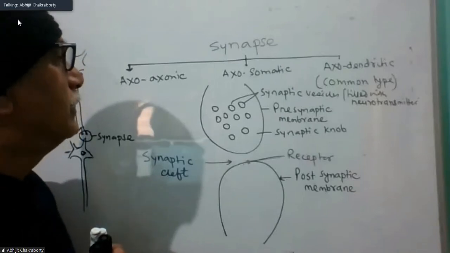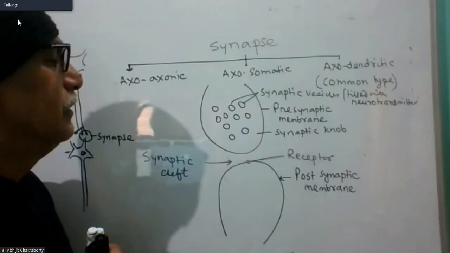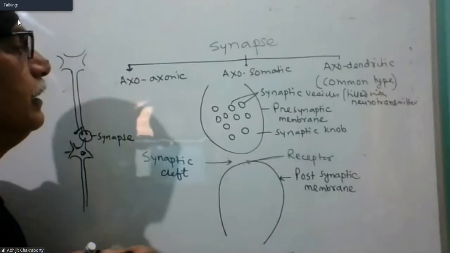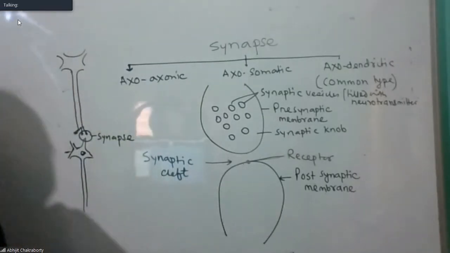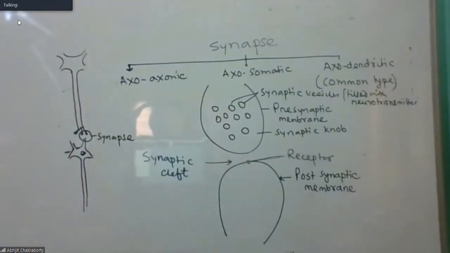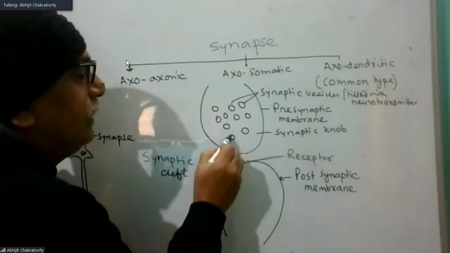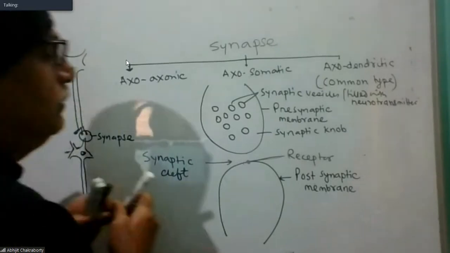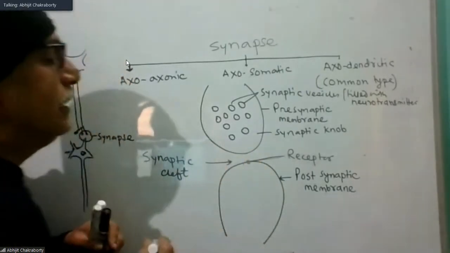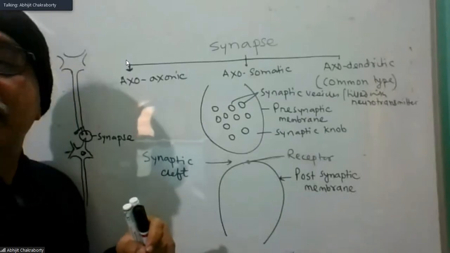Now what next? Normally, the synaptic vesicles of the presynaptic membrane are stimulated by calcium ion only. But calcium channels are closed in the resting stage.